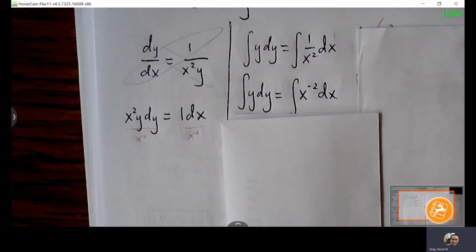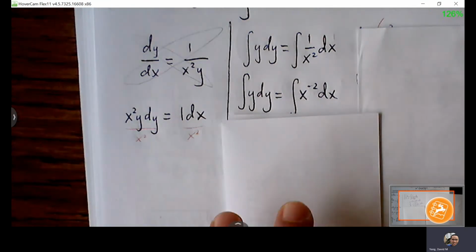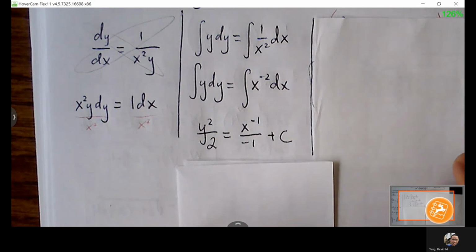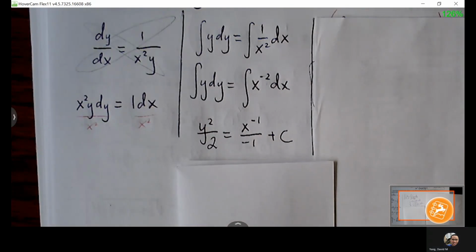Then it should become negative x to the negative one. Y squared shows up on the left. So I'm going to clean up the right side, but I'm also going to get that 2 to move over to the right side as well.